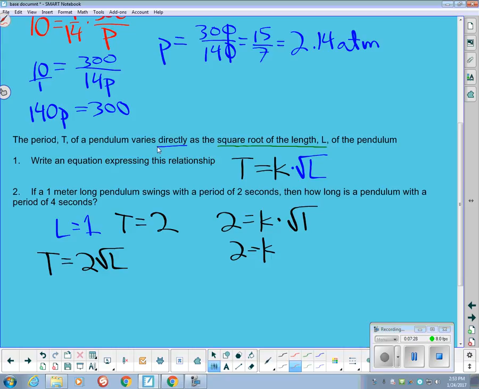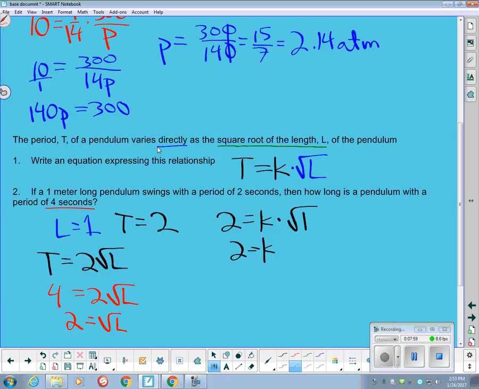And it asks how long is a pendulum that has a period of 4 seconds. Well, the period's twice as long, but we're going to find out that the length is not twice as long. So our period of 4 seconds, we'll put that in for the period variable, is equal to 2 times the square root of L. And so the square root of L is equal to 2, since 4 divided by 2 is 2.